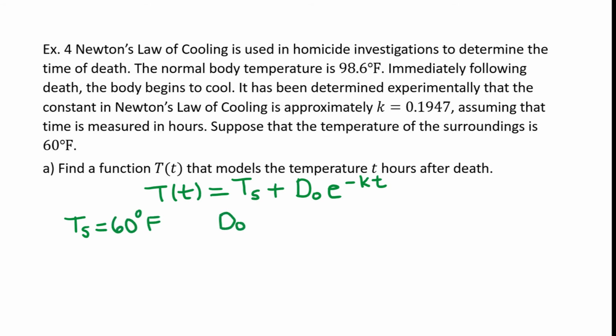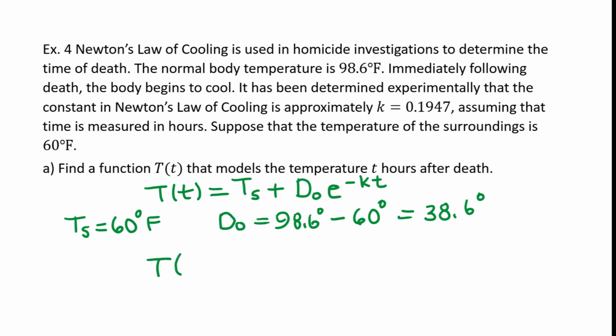D sub naught is the difference between the temperature of the surroundings and the temperature of the body, so this is going to be 98.6 degrees minus the surrounding temperature, which was 60 degrees. That would give us 38.6 degrees. So let's fill in the parts.